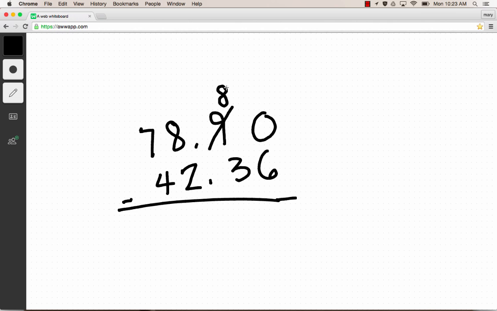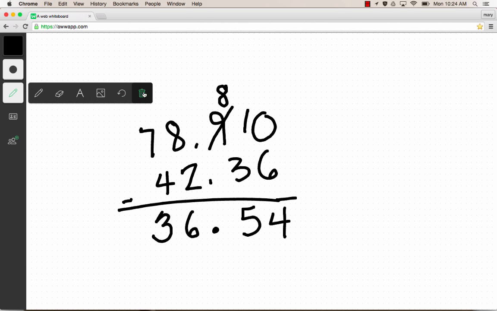This is going to become an 8. That allows me to bring this guy over, so I now have a 10. 10 minus 6 is 4. 8 minus 3 is 5. 8 minus 2 is 6. 7 minus 4 is 3. And then bring your decimal down. 36 and 54 hundredths.